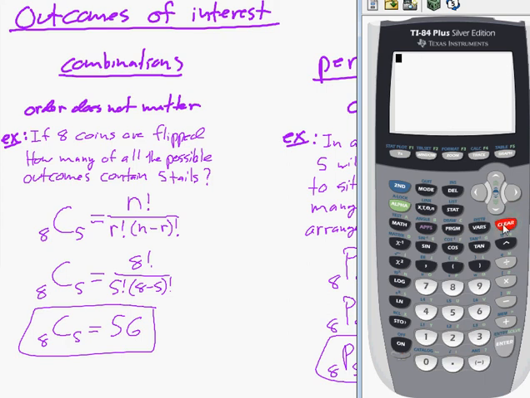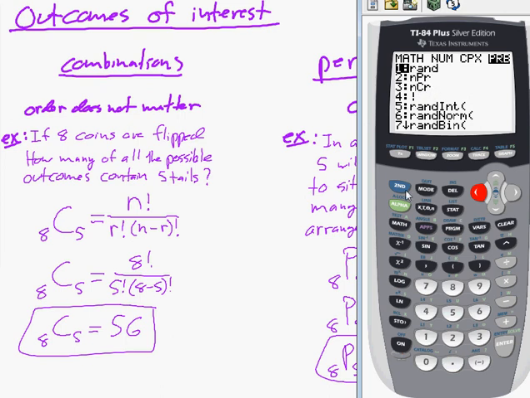You should know what the formula is, but if we go over to math and probability, you'll notice up here we have nPr and nCr. We have our n's and our r's and our c's. So the n always comes first, then the r.